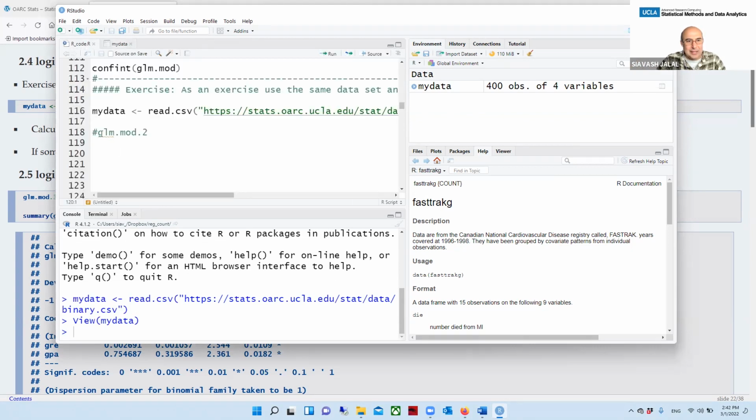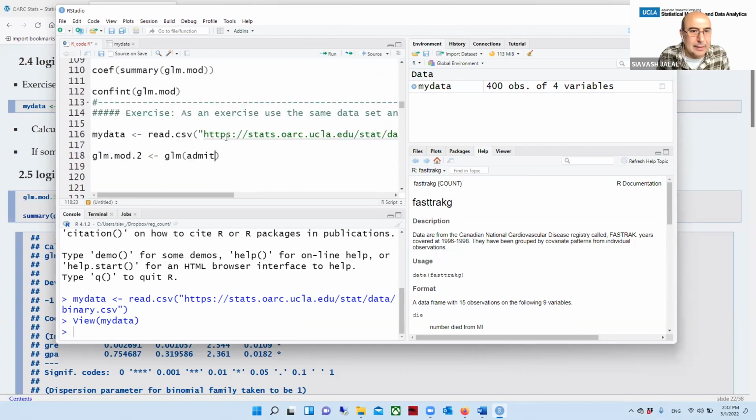And now I can run this GLM model. You can call it anything you like. GLM was the function, right? My outcome was admit, and then tilde, and it was GPA.